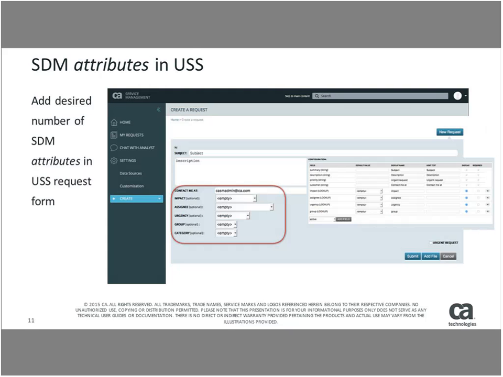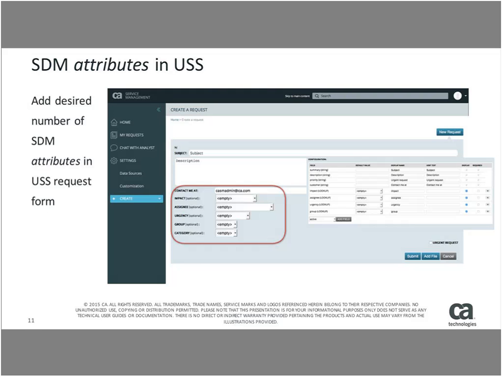Another USS feature is about allowing more SDM attributes in USS. Earlier, USS allowed a fixed number of SDM attributes on the request form.